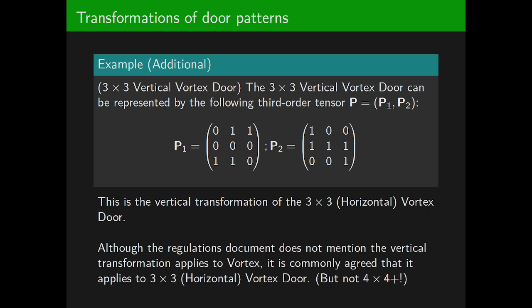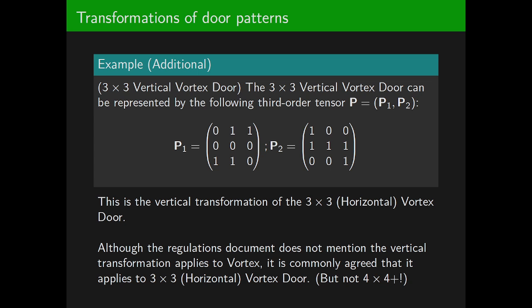Needless to mention, although the regulation document does not mention the vertical transformation applying to vortex, it's commonly agreed that the vertical transformation does apply to the 3x3 vortex door, but not for any doors 4x4 plus.